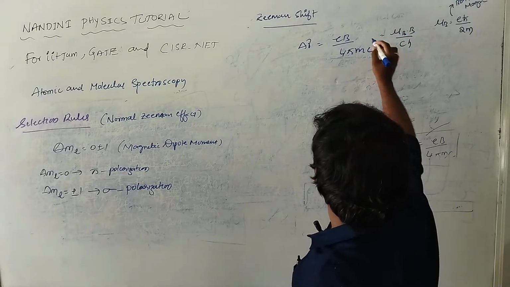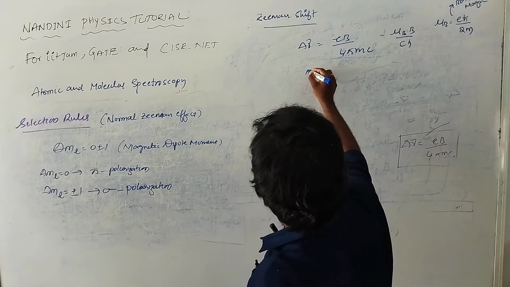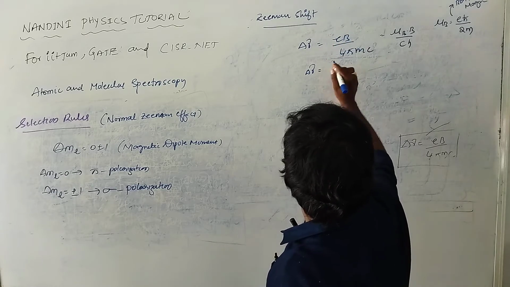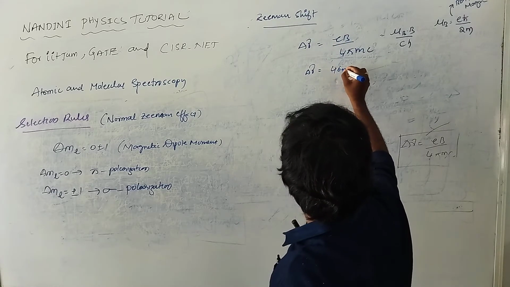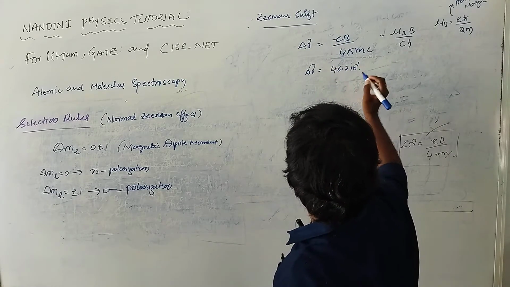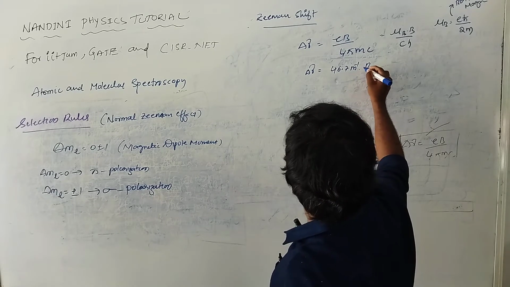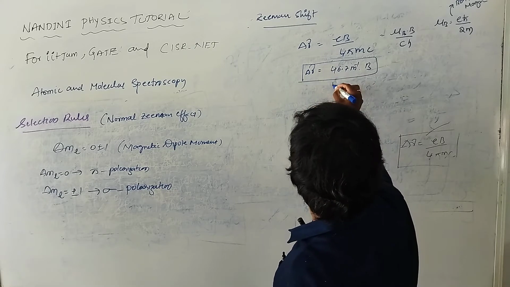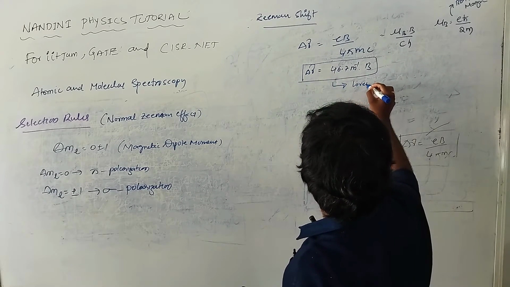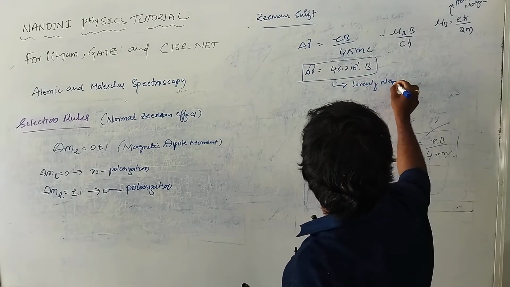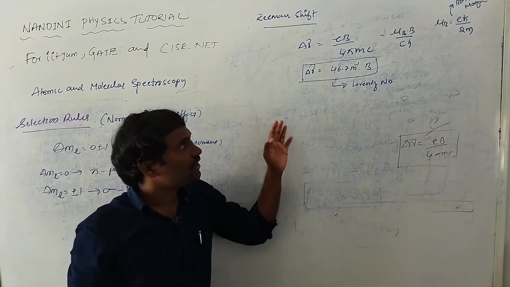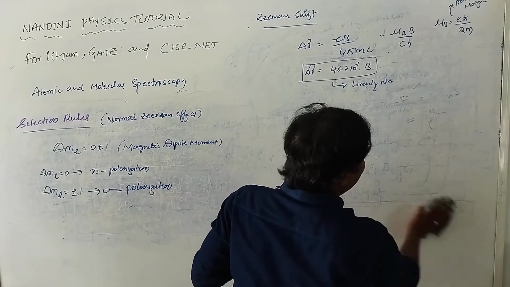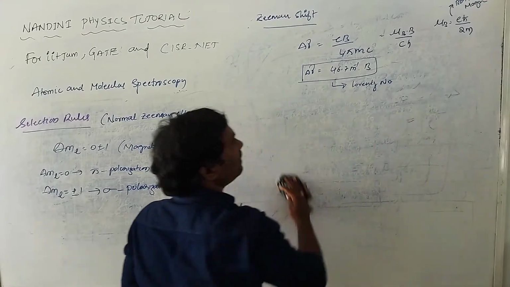Substituting the Bohr magneton, finally you get delta nu equal to 46.7 meter inverse into capital B. This value is called the Lorentz number. So this is about the magnetic shift. We already derived the Zeeman shift in the previous class.